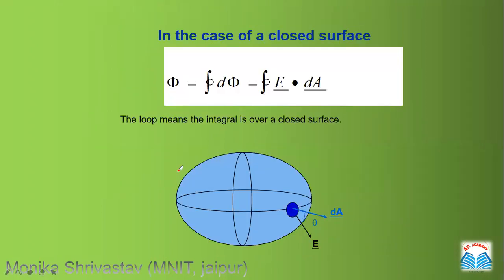And in the case of a closed surface, like a conducting shell, a sphere, a cube, or anything, we will do the integration over all the infinitesimal values of flux d phi over the closed surface.